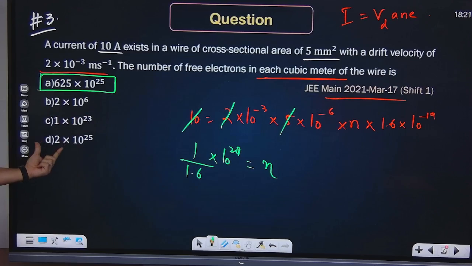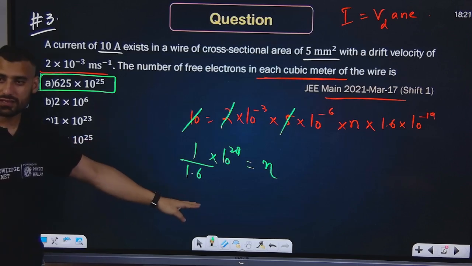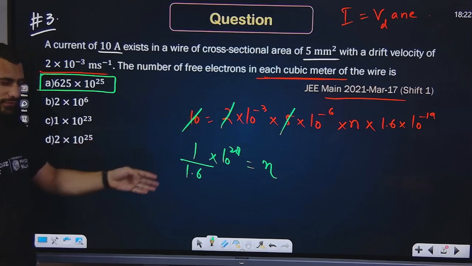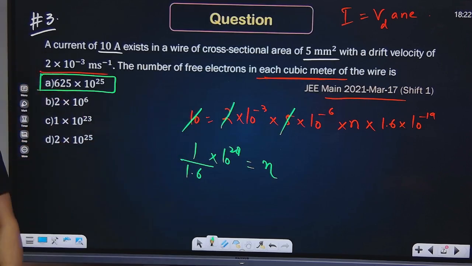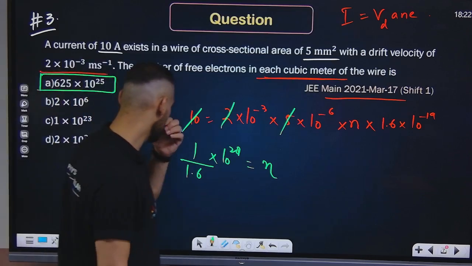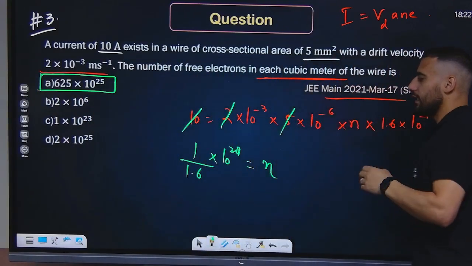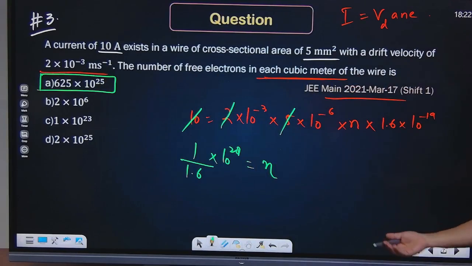Even 2 cannot be there, right? The reason is 1 by 1.6 cannot be 2 times. Therefore, you don't have to solve it. 10 by 6 and 10 by 16 is the same, now, right? Okay, next. Is it clear?